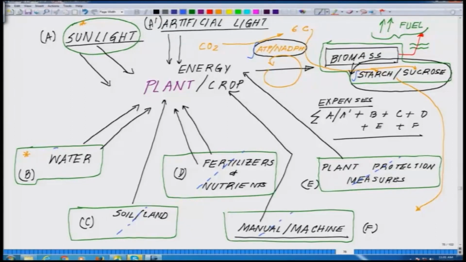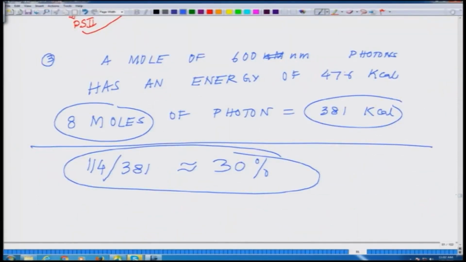What we talked about is the water and sunlight, which is involved in the form of photons, and the energy needed to convert CO2 to a 6 carbon sugar.